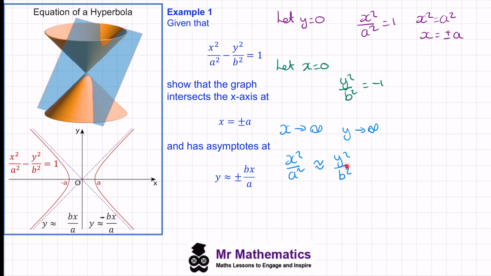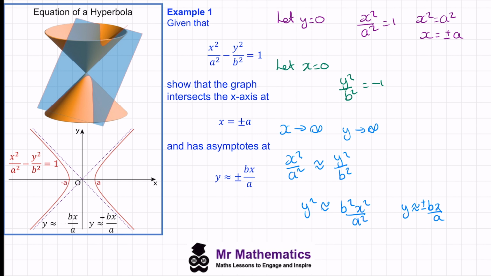And then we can move this b squared to the left-hand side. So we get y squared is approximately b squared x squared over a squared. We can take the square root. So y will be approximately equal to plus or minus bx over a. And these will be the equations of the asymptotes here and here.